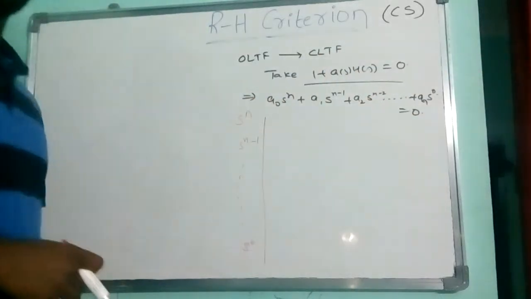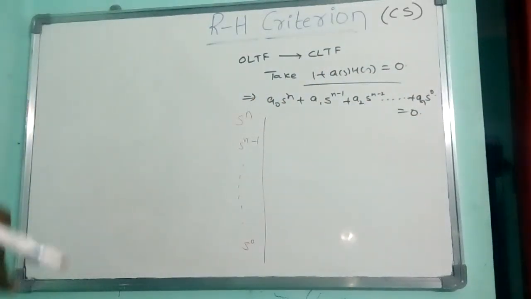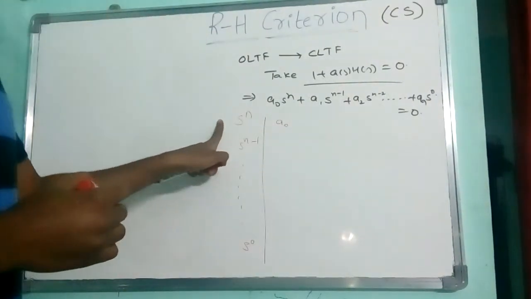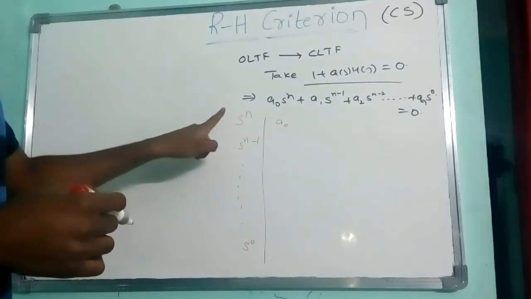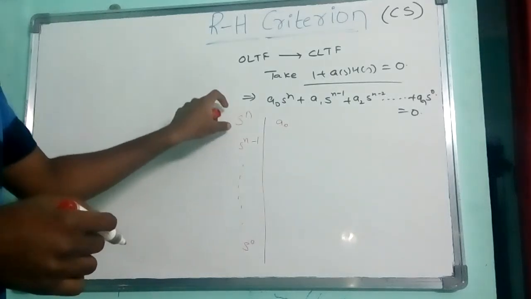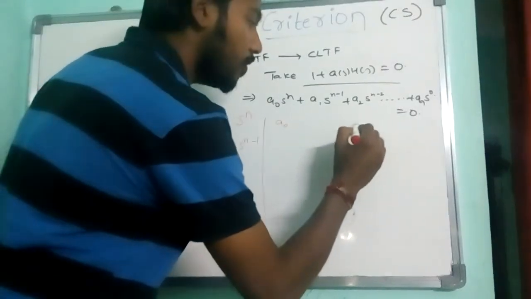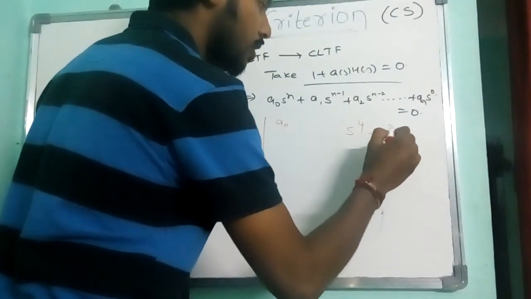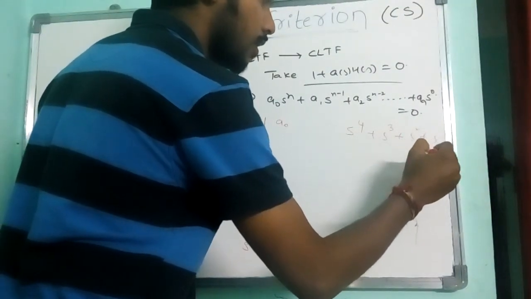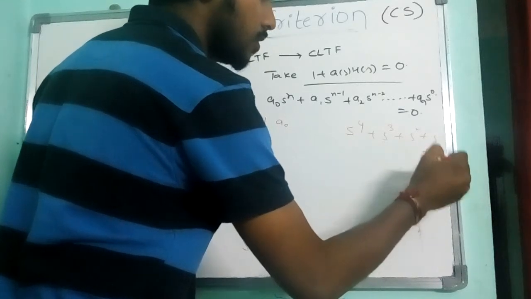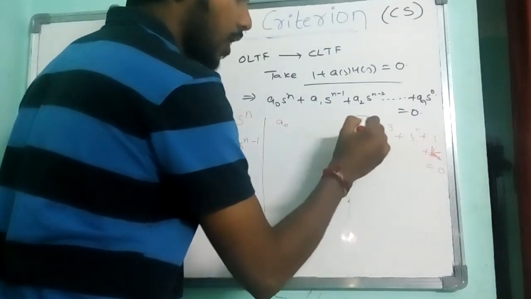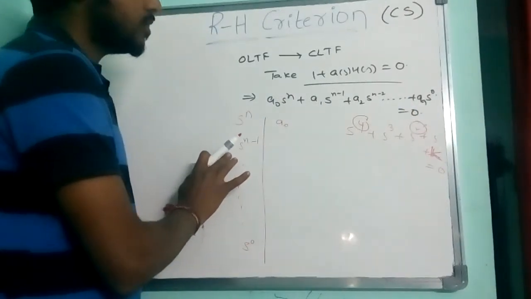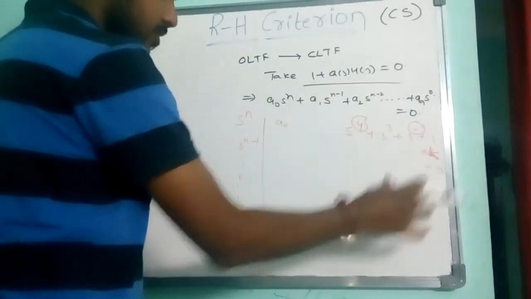Now I want to write the coefficient terms in the Routh table. Likewise I want to write for every n term. If my n starts at s^4, I need to write some constant k here. I need to write the even terms at once and the odd terms at once.